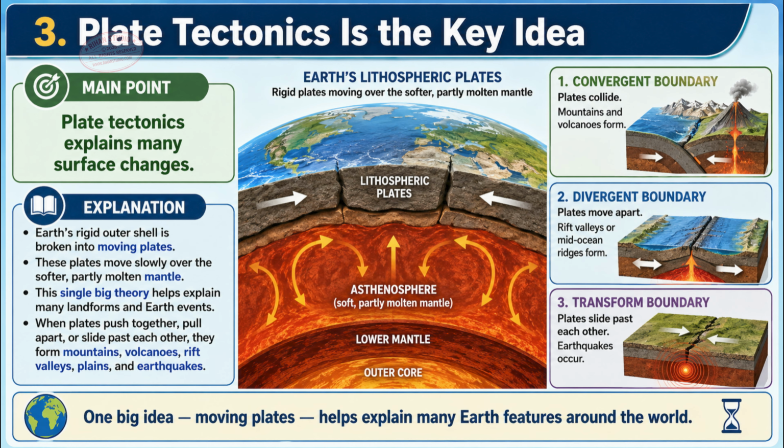It says the Earth's rigid outer shell is cracked into moving plates that float on the softer, partly molten layer below. Where these plates push together, pull apart, or slide past one another, we get mountains, volcanoes, rift valleys, and earthquakes. So one idea, moving plates, explains features found all over the world.